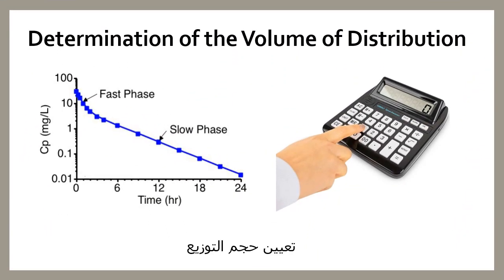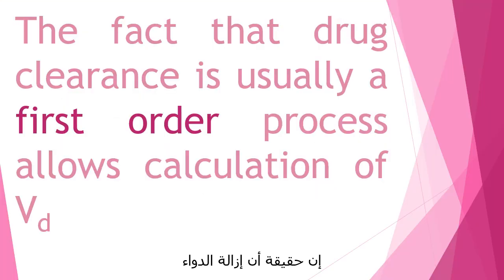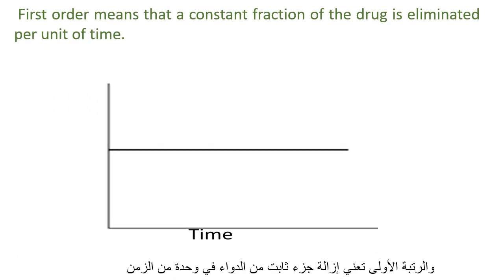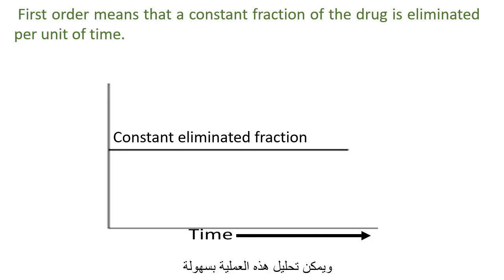Determination of the volume of distribution. The fact that drug clearance is usually a first-order process allows calculation of VD. First order means that a constant fraction of the drug is eliminated per unit of time.